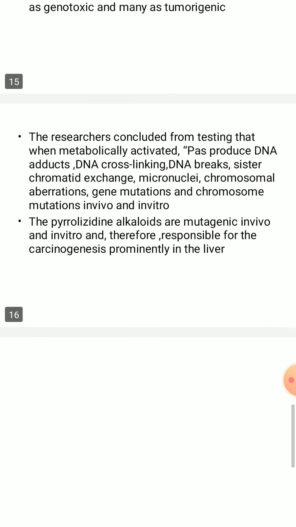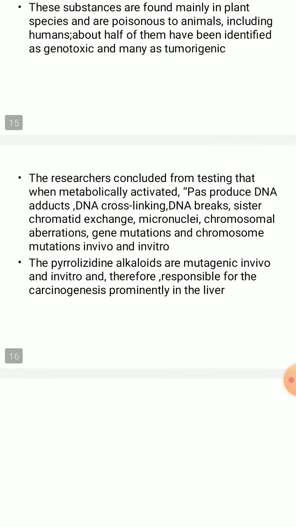So what is going to happen? The researchers concluded from testing that when metabolically activated, these pyrrolizidine alkaloids produce DNA adducts, further leading to DNA cross-linking and DNA breaks; sister chromatid exchange, micronuclei induction and chromosomal aberrations can happen, and gene mutations and even chromosomal mutations have been observed in vivo and in vitro.